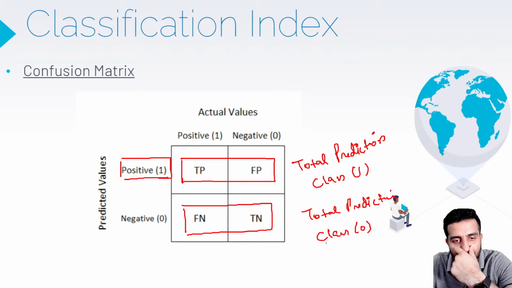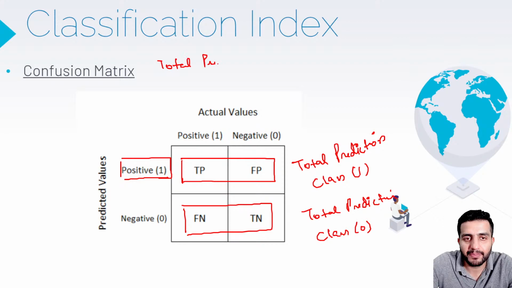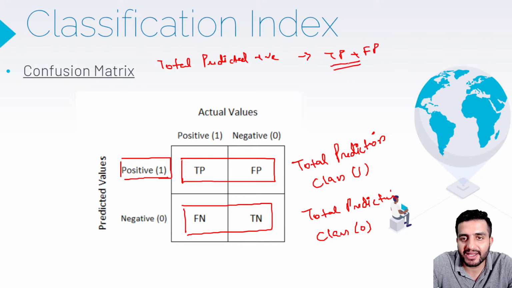So if I have to find out the total predicted positive, it is TP plus FP. I have predicted positive, whether it is true or false, and I'm trying to find out how many of them I have predicted as positive.